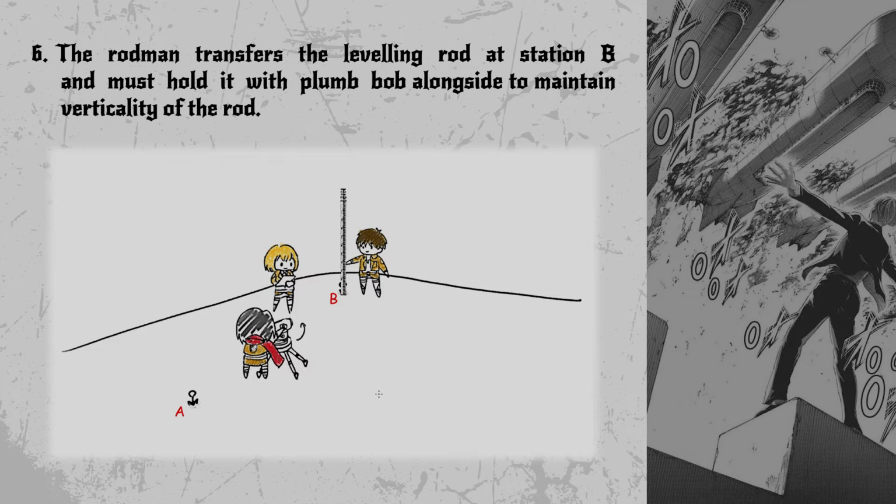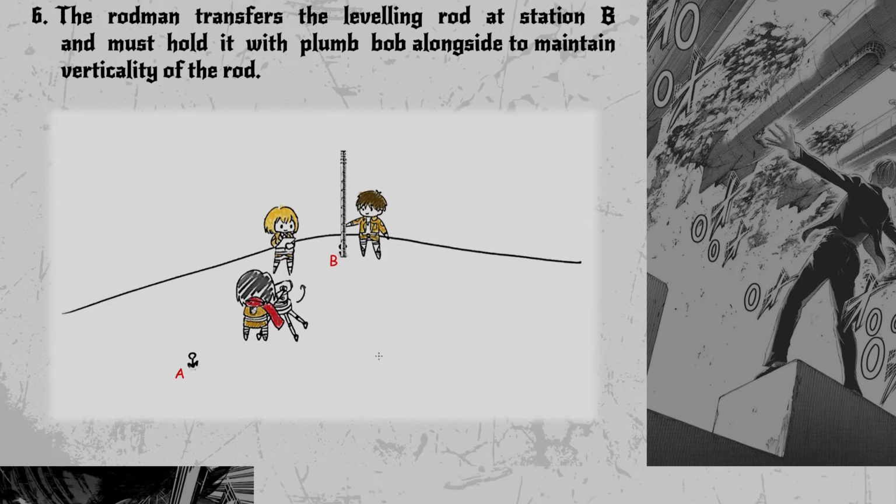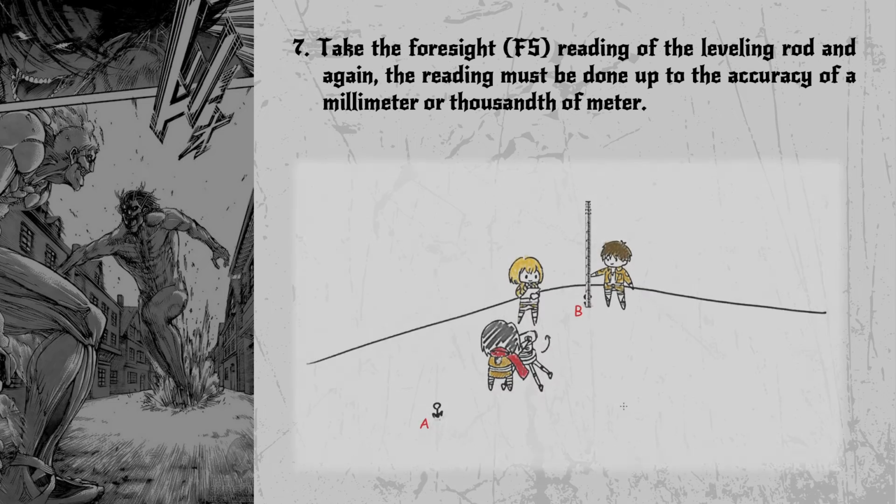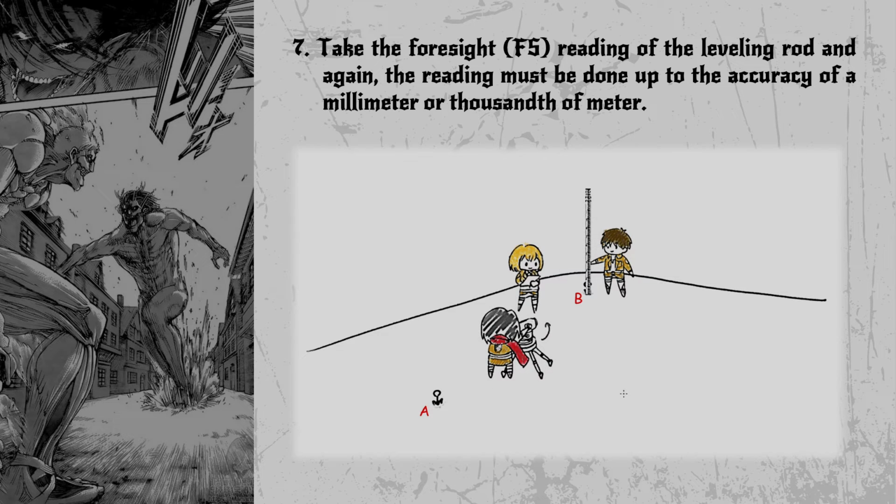Step 6. The rodman transfers the leveling rod to station B and must hold it with the plumb bob alongside to maintain verticality of the rod. Step 7. Take the foresight reading of the leveling rod, and again, the reading must be done up to the accuracy of a millimeter or thousandth of a meter.